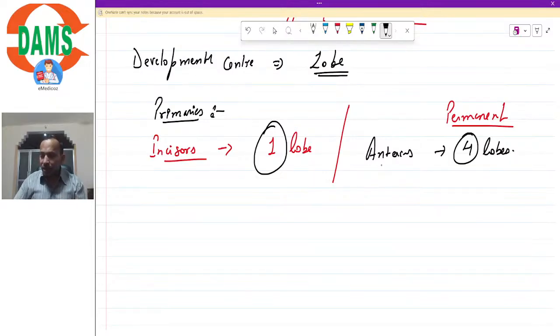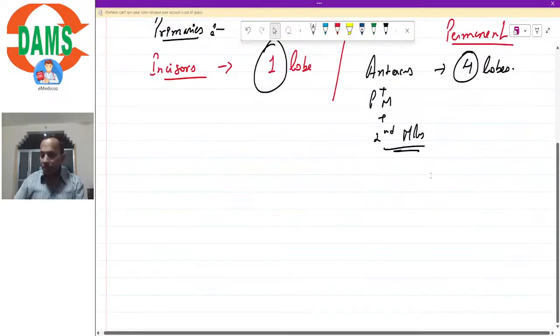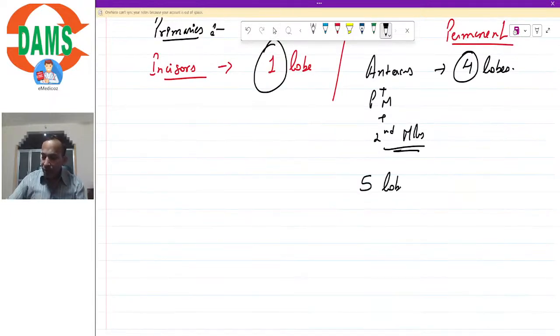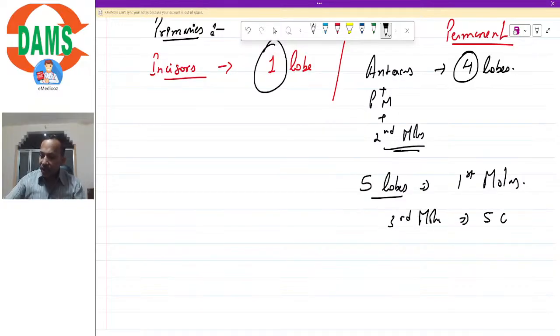So all the anteriors and the premolars and the second molars are made up of 4 lobes. In permanent teeth, 4 lobes is the minimum, and 5 lobes will make up the first molars, the third molar, and the mandibular second premolar, which has 3 cusps.